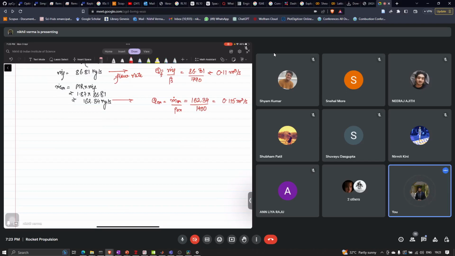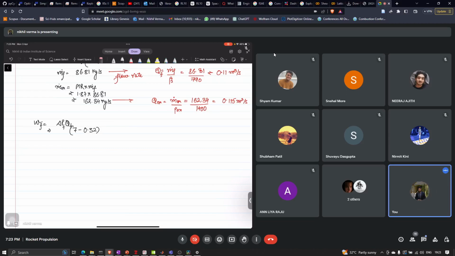the work that is required for the fuel, that is the pressure difference into the flow rate. So the pressure difference between the tanks, this is the chamber pressure, and the UDMH is stored at 0.3 megapascals.